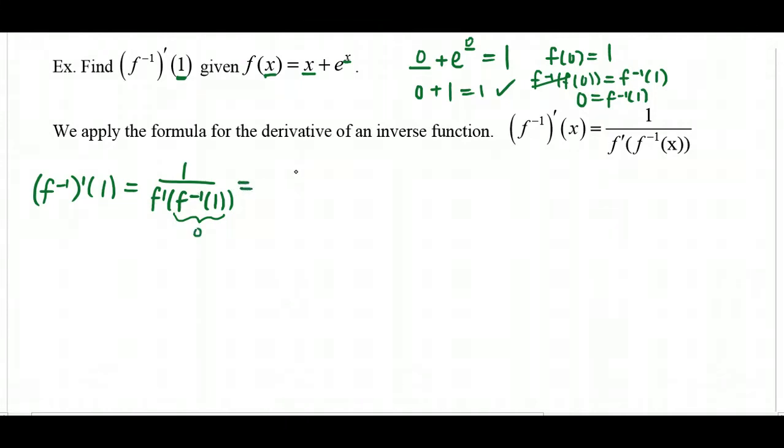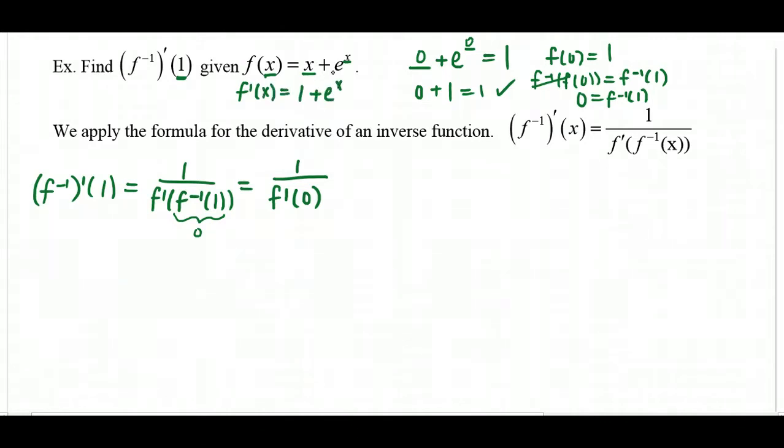So the next part of my equality string is 1 over f prime of 0. Well, now I need to find f prime of 0, and I only have f of x. But I can find f prime of x so that I can substitute in 0. So let's do some more scratch work here. f prime of x equals 1 plus e to the x.